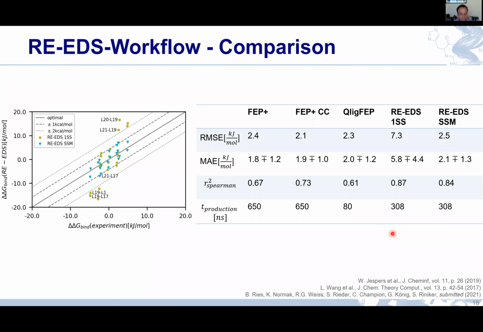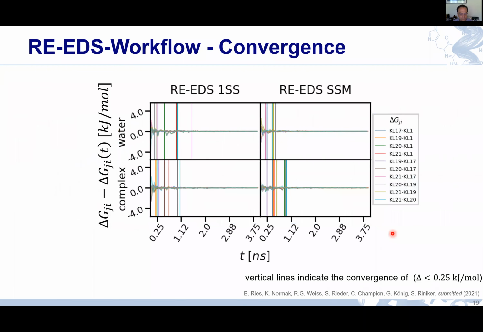I think that RE-EDS has an interesting side on the correlation. And last but not least, regarding the simulation time, we have these 308 nanoseconds, but I think actually we could dramatically reduce the required production simulation time if we, for example, implement detection for convergence in our approach, because what you see here now is the convergence of the free energies.